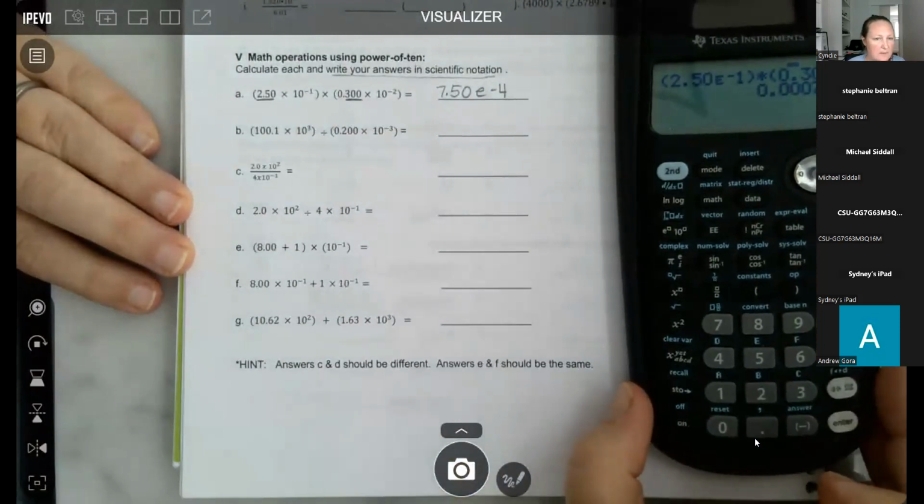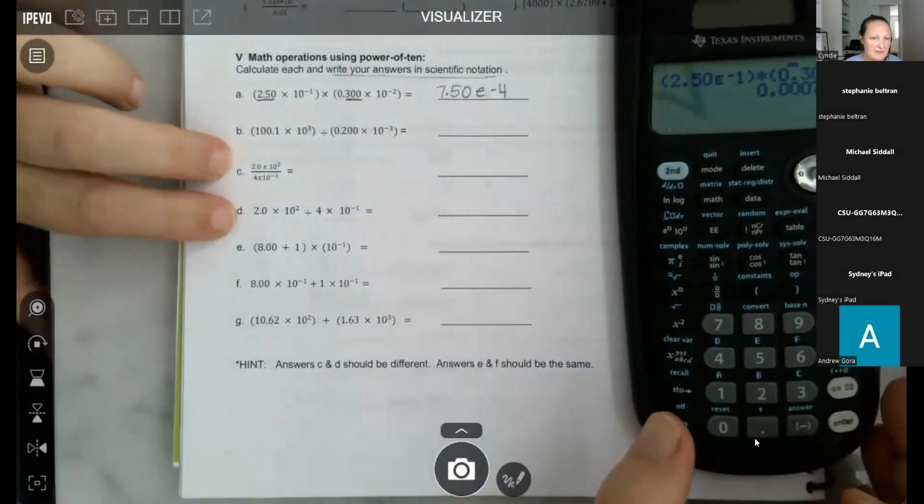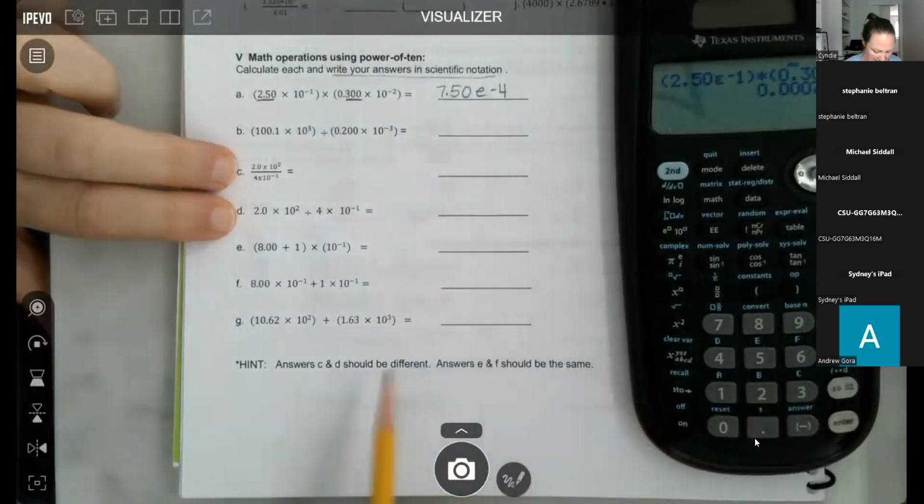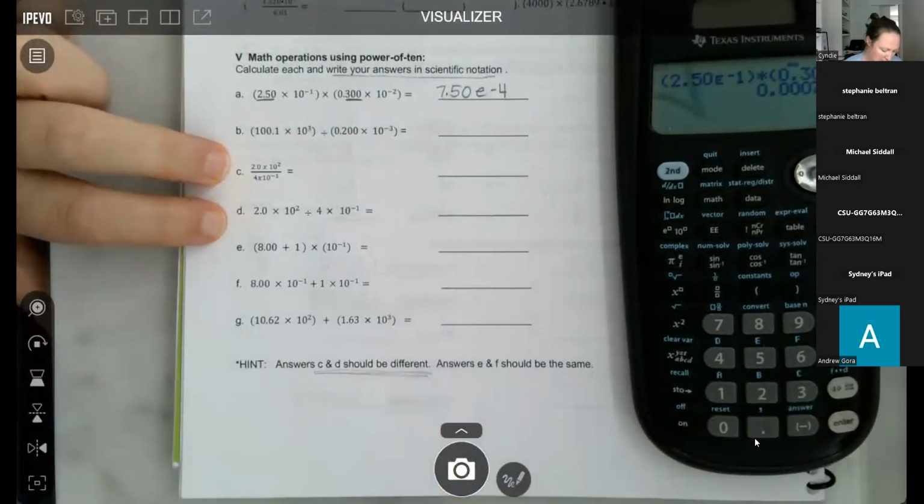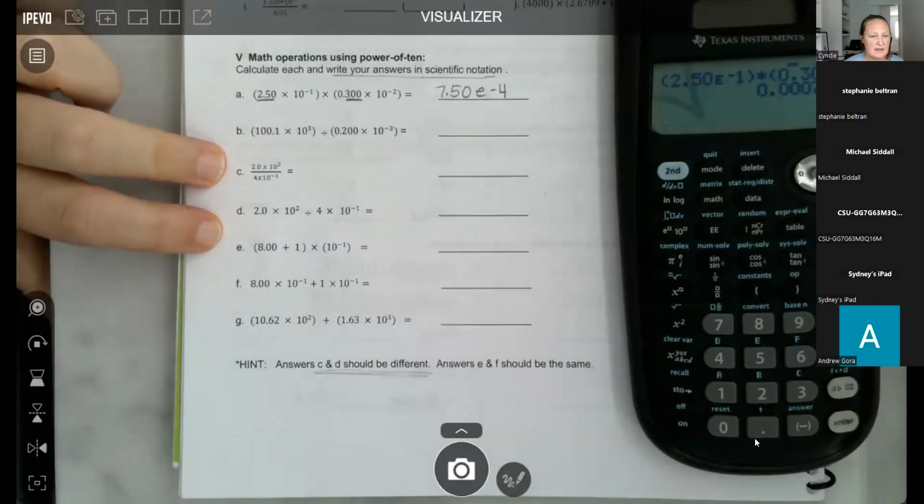Okay. Let's do C and D. Those are tricky, right? C and D should be different. So if you're getting the same answer, then you're not doing it correctly. And probably what you're doing is a lack of understanding of what we should do in this case, right?